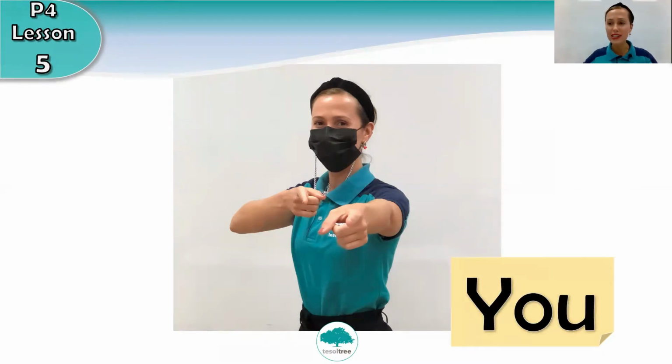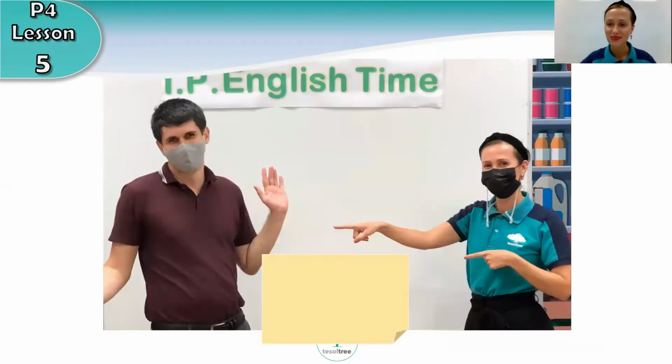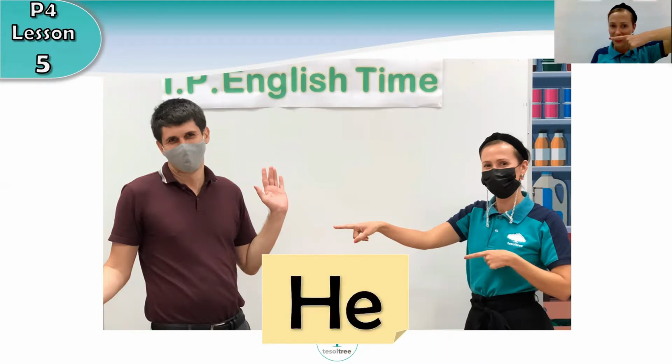You're a student and I point at you. Who is this? It's Teacher Joe. And when I point at him, he. Teacher Joe is a boy. He.